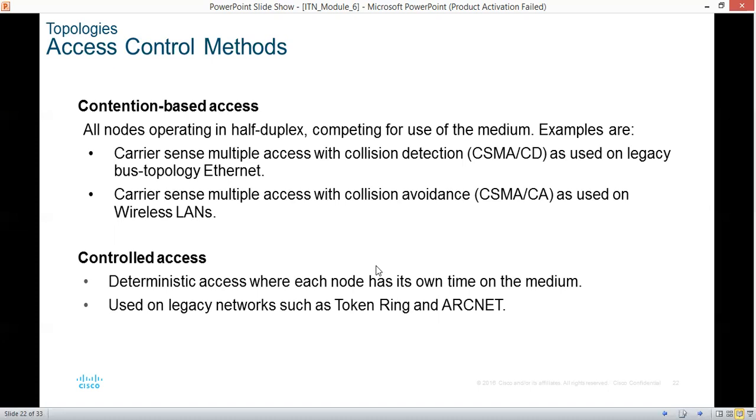But for the carrier sense multiple access with collision avoidance, this is used in the case of wireless. So we're looking at how a frame or data packet is being transmitted, but remember here we're talking about layer 2.